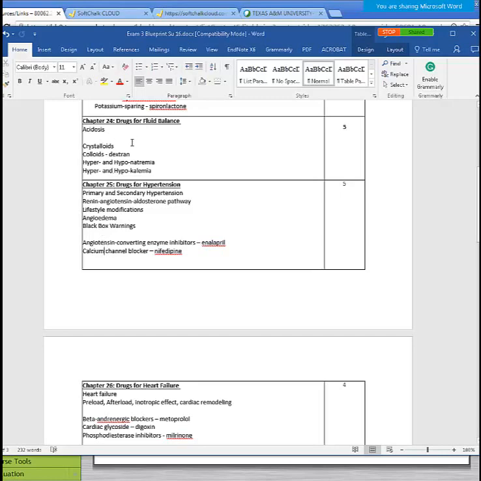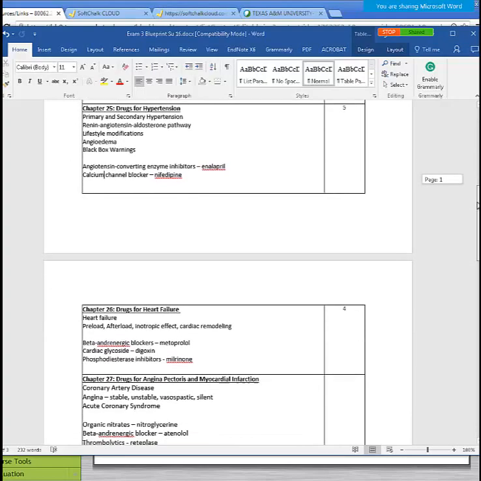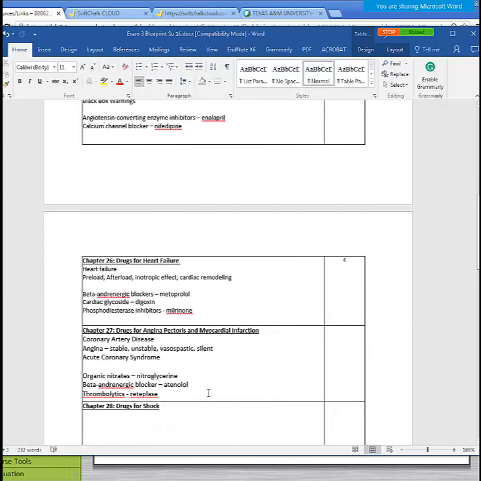So you'll see that we're trying not to have you study two different prototype beta blockers, because atenolol and metoprolol are going to act much the same. It may be here, yeah, it is in angina and in heart failure.